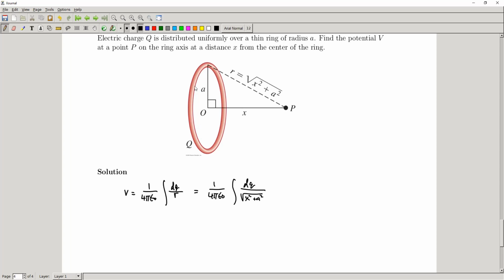It doesn't change as we integrate around dq, because of the shape of this ring. And x is always x. We're not changing the distance x at all here. So because of that, we can factor out our denominator here, and this is going to make the problem extremely easy.